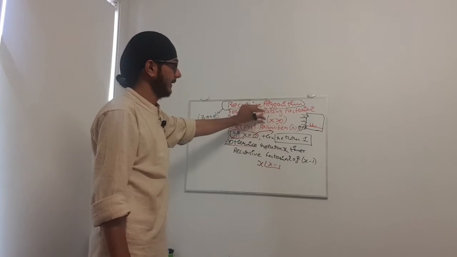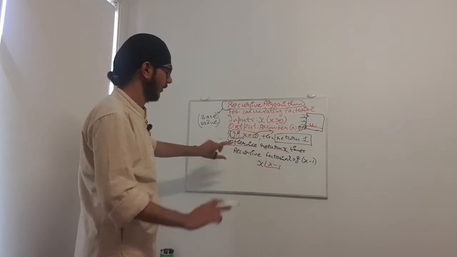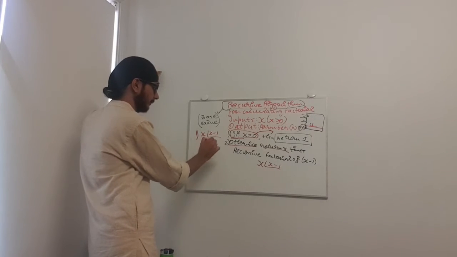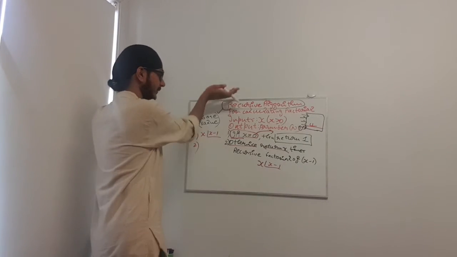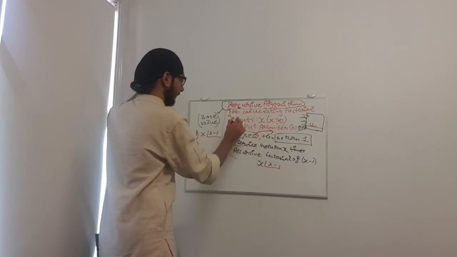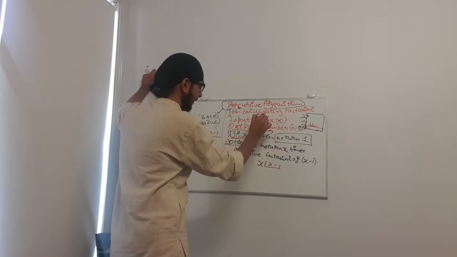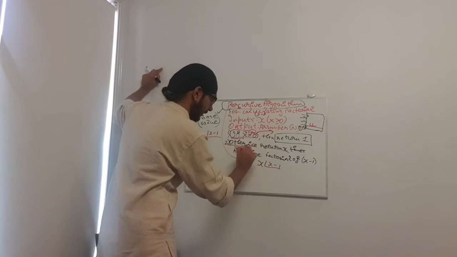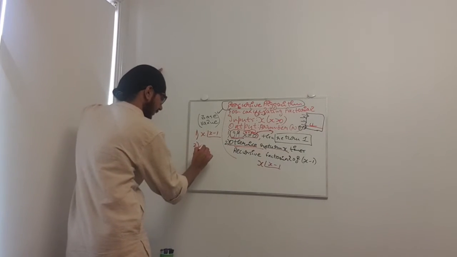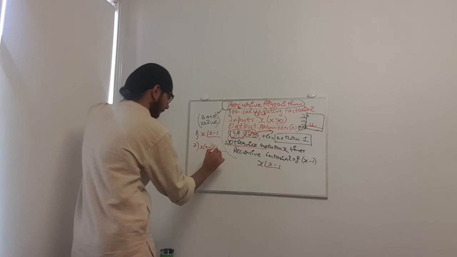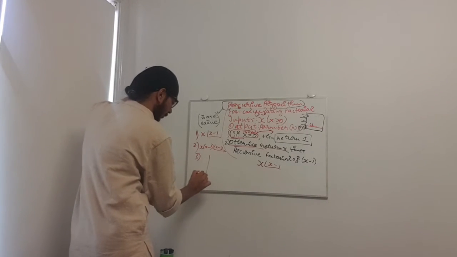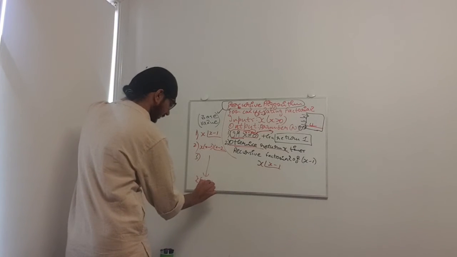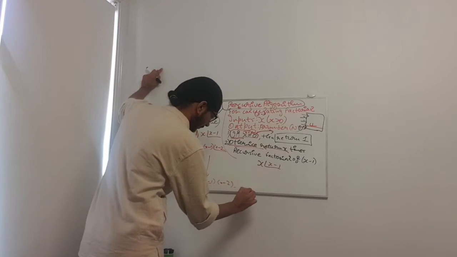If we start with x, we execute it one time, we will get this value. Recursive means we again start from here. Input will be x minus 1. X minus 1 is not 0, so it will go here, then it will give us this value, and so on up till we get x into x minus 1, x minus 2, up to 1.